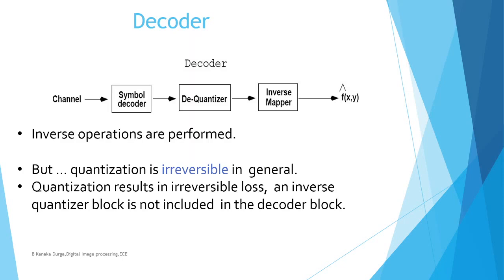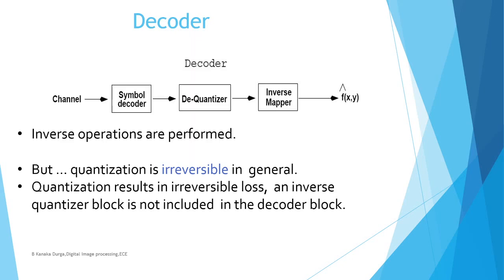Whatever we have done in the symbol encoder section, we have to do the reverse process of it. Whatever quantization we used, variable step size or fixed step size, we have to use the same in the dequantization process. If I have used a fixed step size, we go for a fixed step size in the decoder section, and the result is given to the inverse mapper.